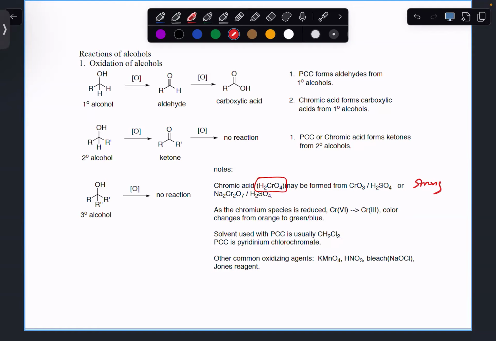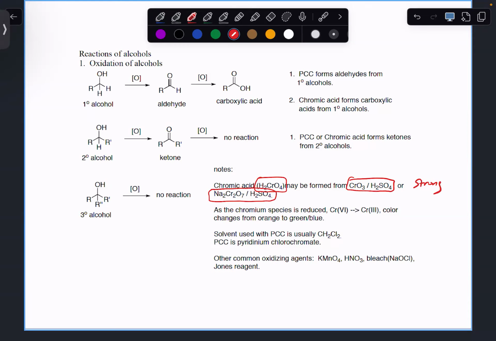That chromic acid, that H2CrO4, can also be formed by taking chromium trioxide and mixing it with sulfuric acid. That also makes chromic acid. You can also see these dichromate salts mixed with sulfuric acid. So a lot of these chromium-6 species are strong oxidizing agents.